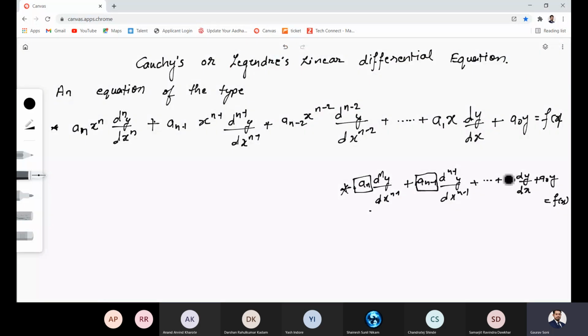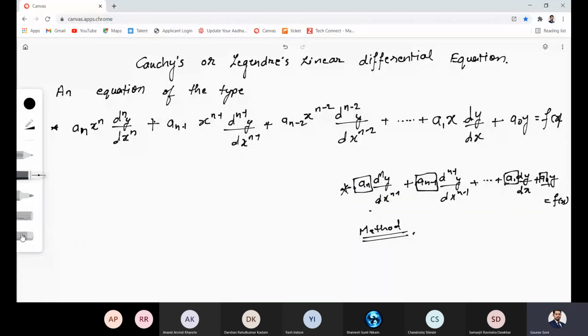And in the definition of the linear differential equation, these were constants. So all the coefficients were constant. The methods we learned till now are applicable only for the linear differential equation with constant coefficient. But what if you don't have this constant coefficient?